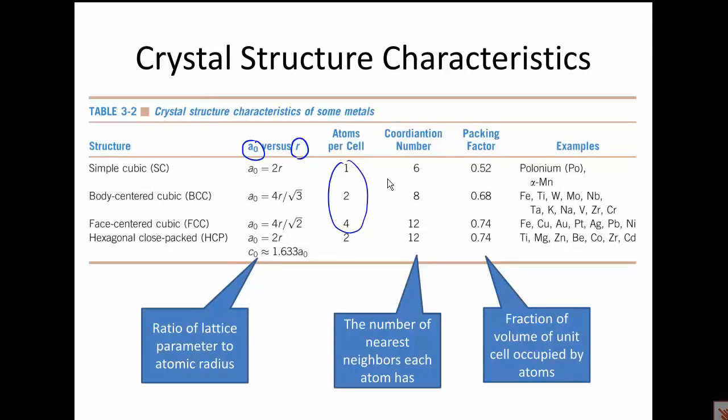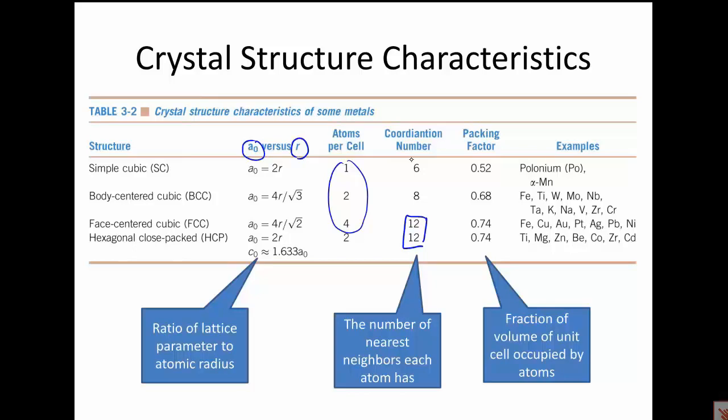The coordination number is the number of atoms that each atom is in contact with within the crystal structure. In a previous video we explained using a model how in the close-packed crystal structures the coordination number is the highest, at 12.